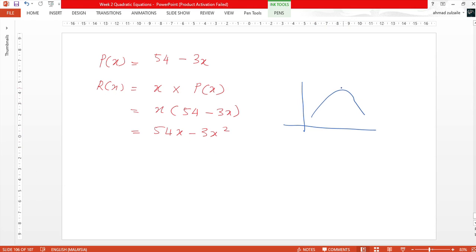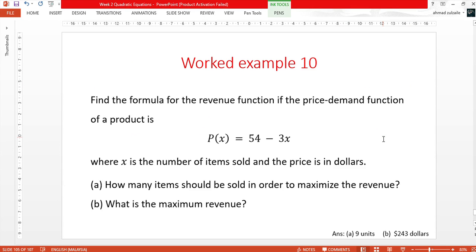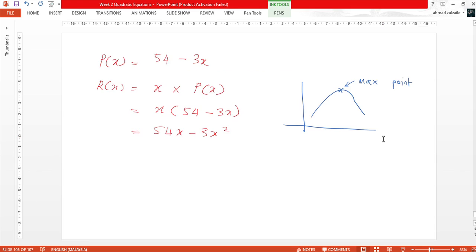When you have a sad curve, the top here is your maximum point. The question asks you for the x value to maximize the revenue. What is our x over here?